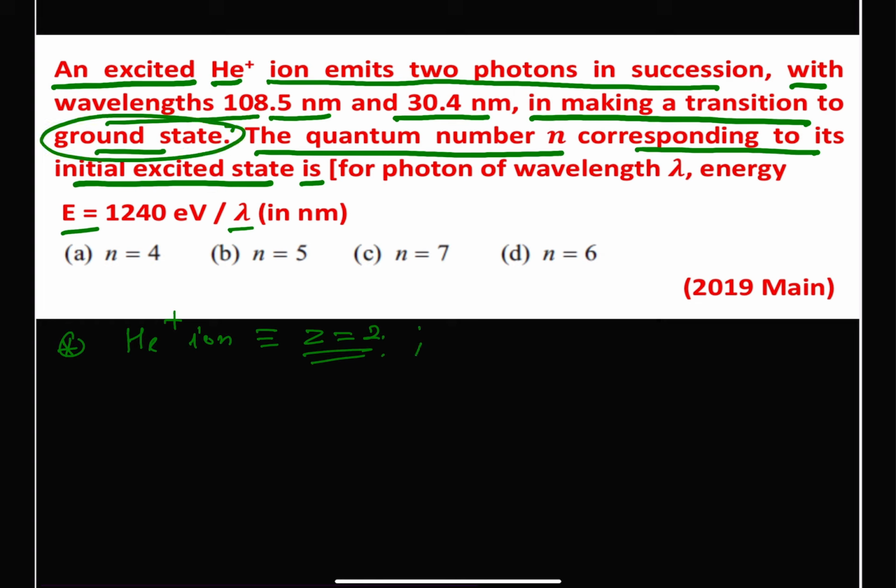Therefore we can say, this transition to the ground state is in 2 steps. So we can write that transition to ground state, which basically is our n is equal to 1, is in 2 steps.